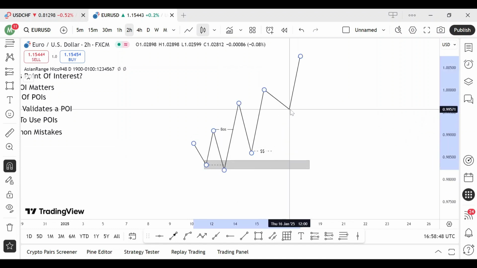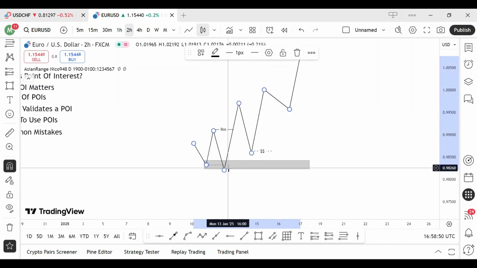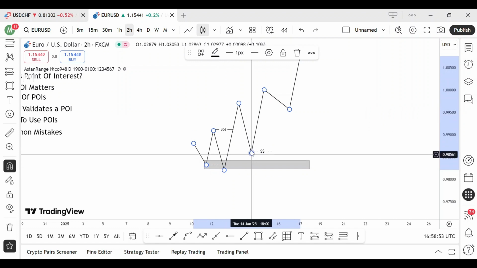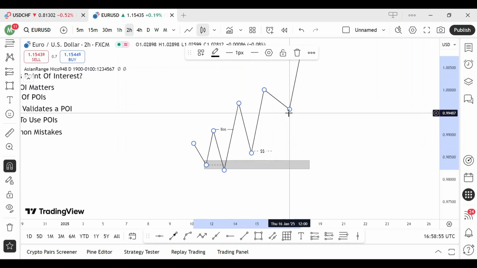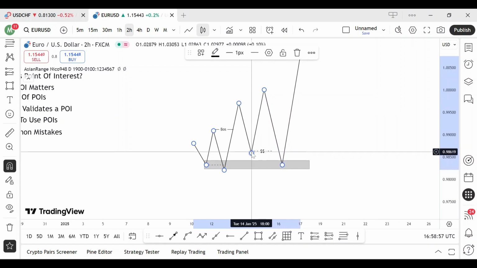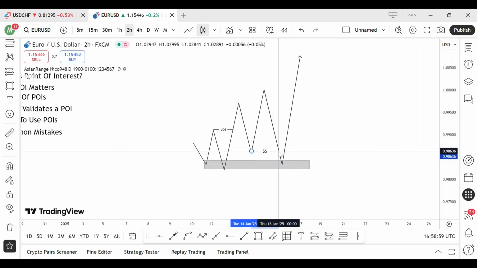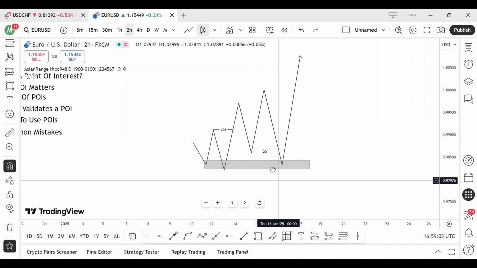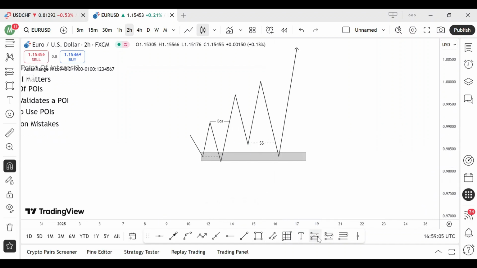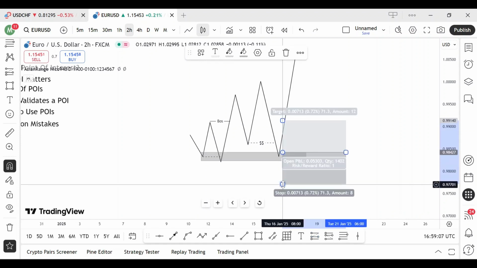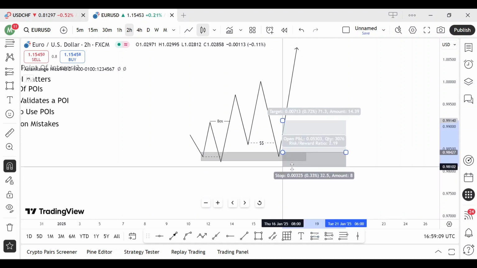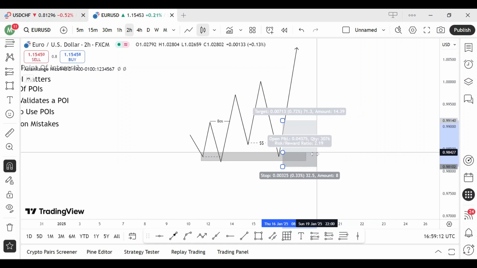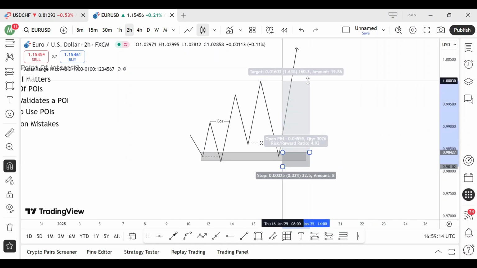So we are expecting price, after a sweep of liquidity and a break of structure, to come back into this zone to take out this liquidity and buy from here. So what do we do? We place our buy limit, stops slightly below this low, and we target this next high.